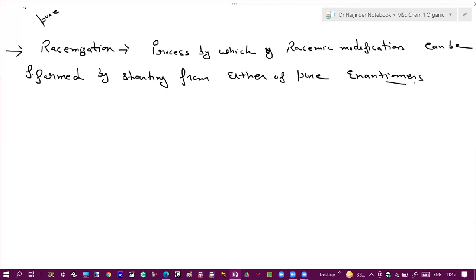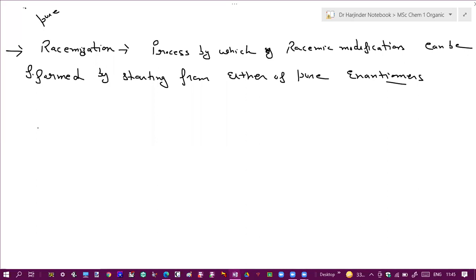Okay, and how can racemic modification be formed? It can be prepared by a process called racemization, by starting from either of the pure enantiomers. That means you start from a pure enantiomer and convert it into a racemic modification.